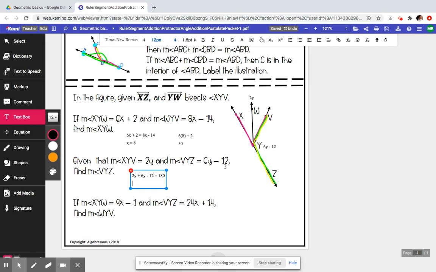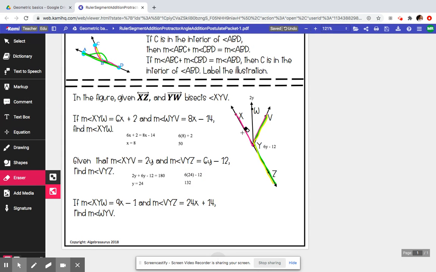We can slowly solve this and figure out that y equals 24. But again, that's not what we're looking for, right? We're looking for this angle right here, and we have an equation for that. So replace y with 24 and solve. 6 times 24 minus 12 gives us 132, and that is our answer.